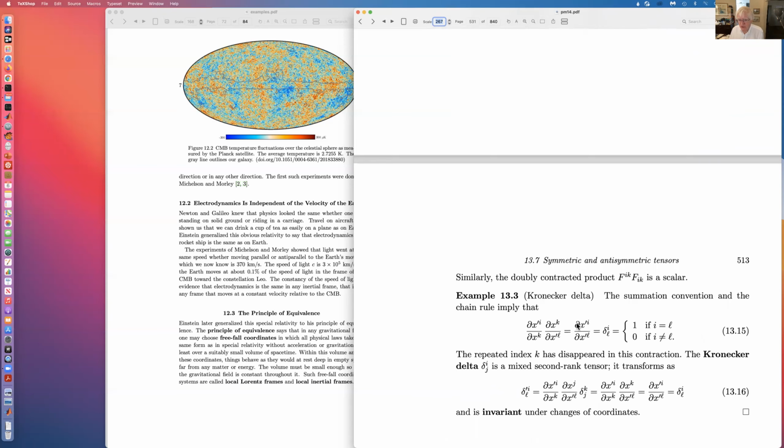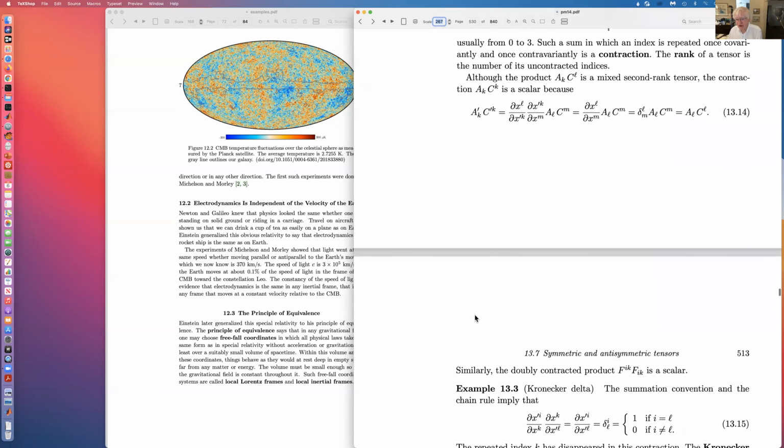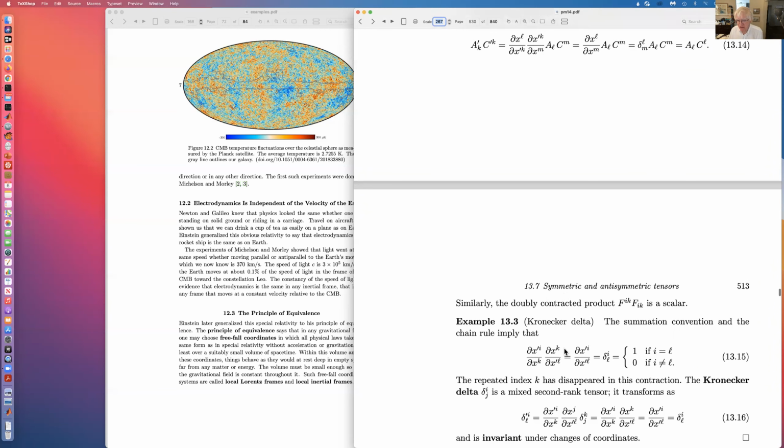And what's going on here, of course, is what we noticed before, namely that this structure here is just the Kronecker delta.